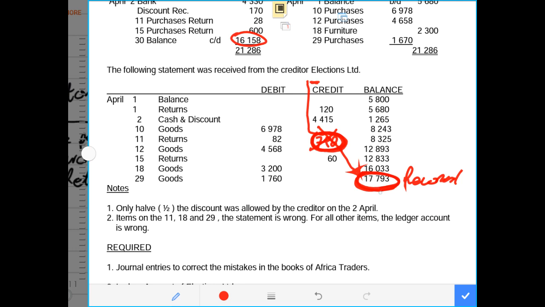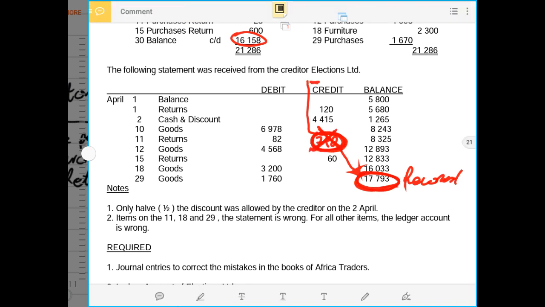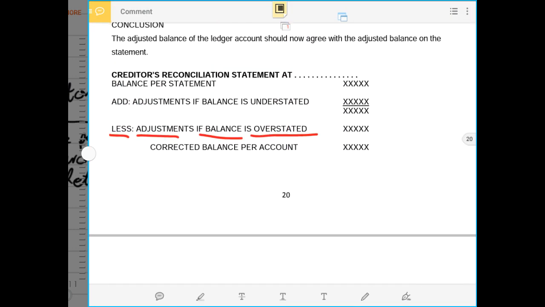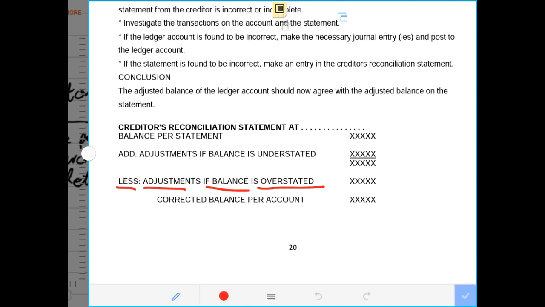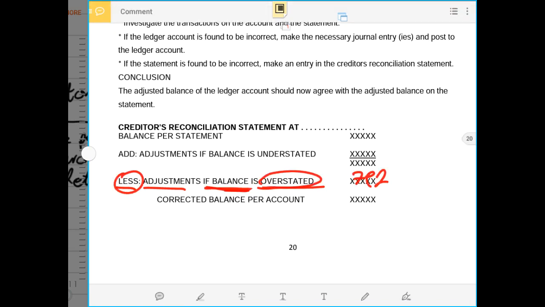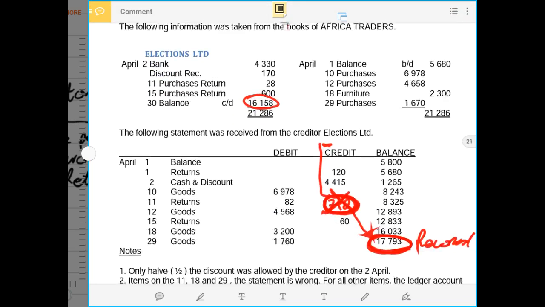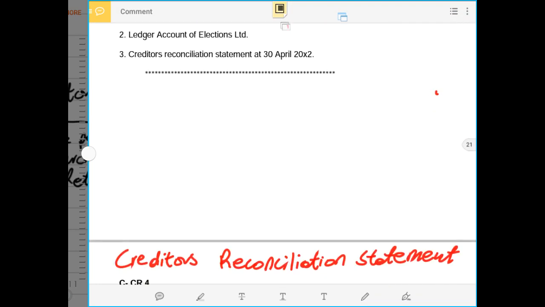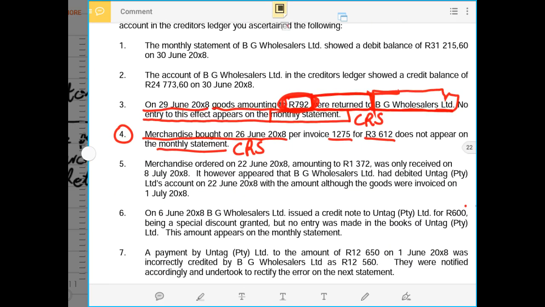So this balance will be overstated by the amount of 792, which was supposed to be reduced in the debtors. That is why we subtracted the amount of 792: the balance is overstated because an amount was not deducted which was supposed to be deducted.